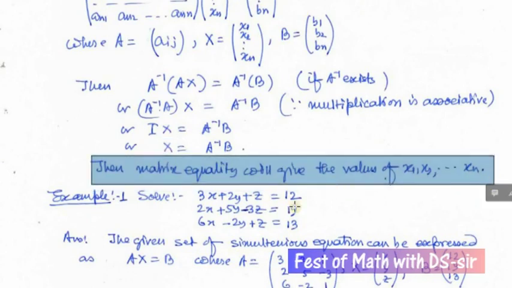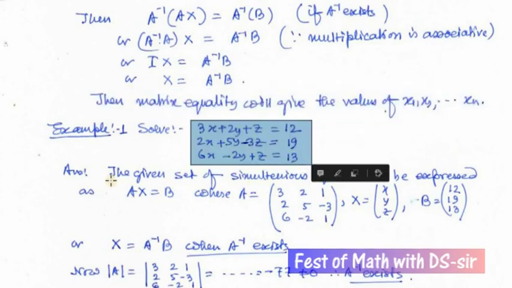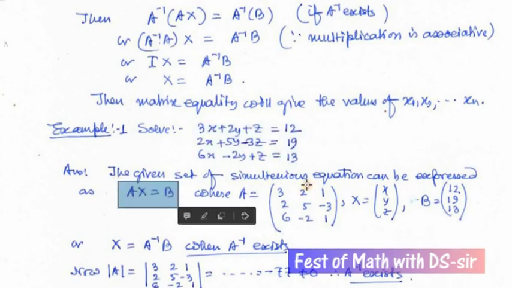Now come to an example. The question will arise like this: solve this by the matrix method. This is a system of linear equations. The answer will start like this: the given set of simultaneous equations can be expressed in the form AX is equal to B, where A is this.